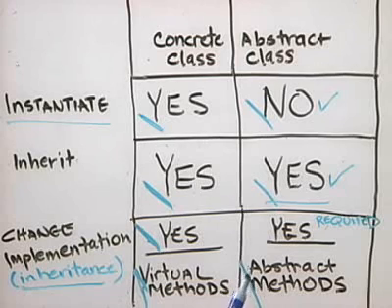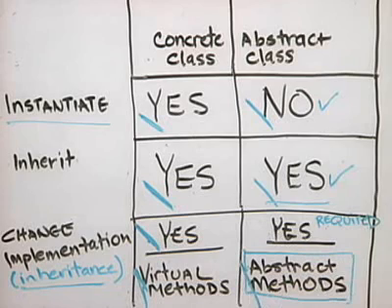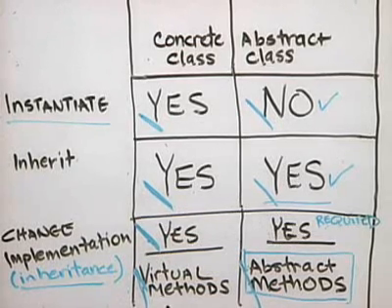Any abstract method, you implement it, but you are required to implement any abstract methods. There's no choice there. If you're deriving from an abstract class and you inherit abstract methods, you are required to create an implementation. That is, you're required to take those signatures and put code within them. Here, it's a choice. Virtual simply means that there's code or implementation already there, but you decide whether or not you want to change that implementation.